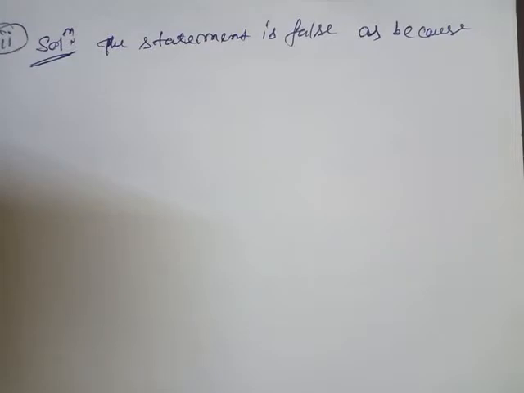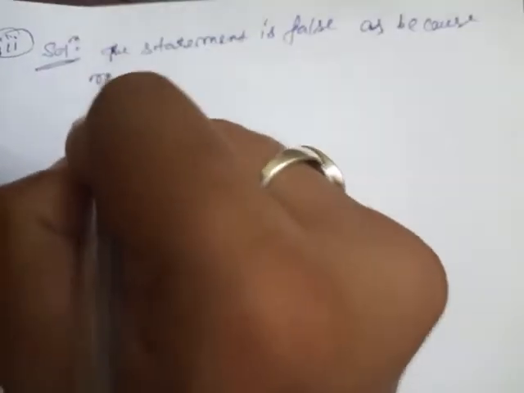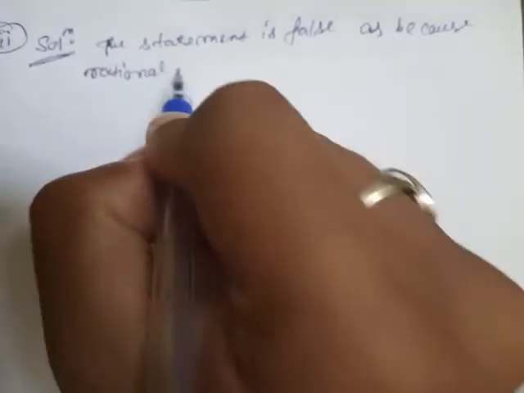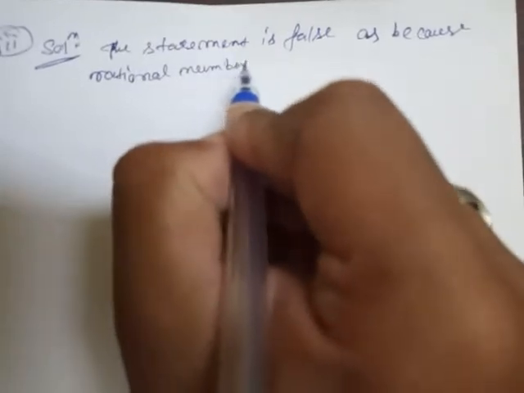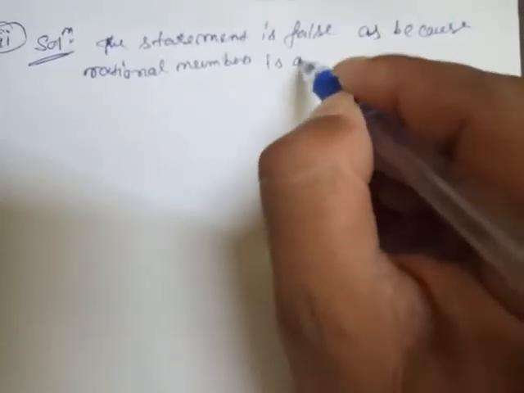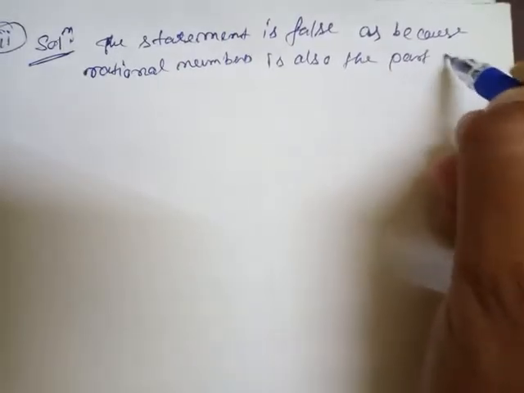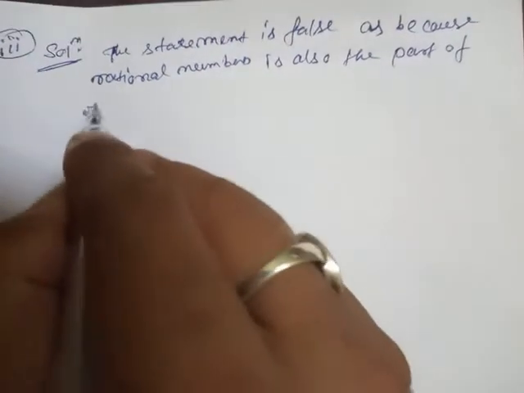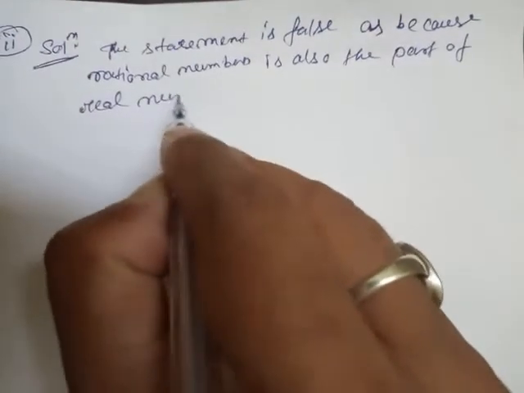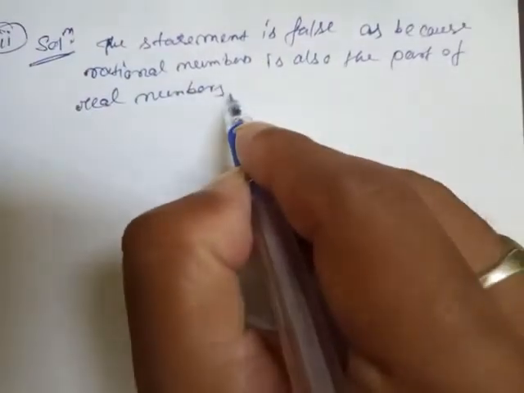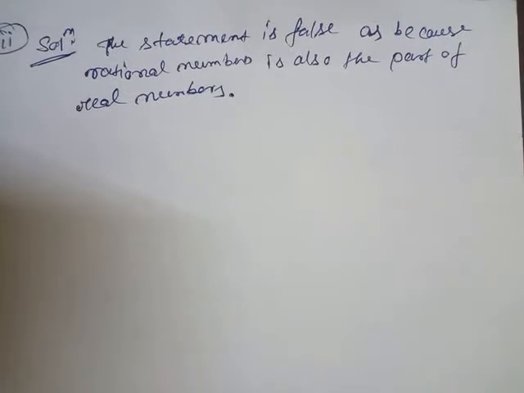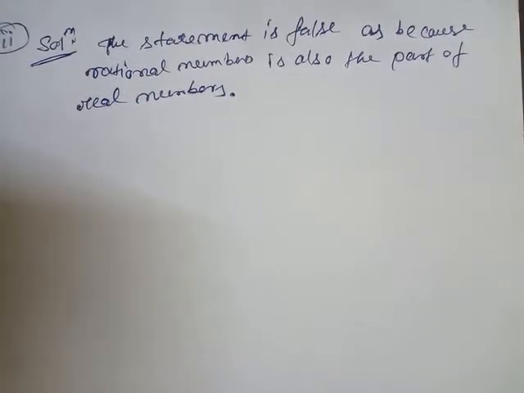The statement is false because rational numbers are also part of the real numbers, which means, students, the real number set is the collection of rational and irrational numbers.